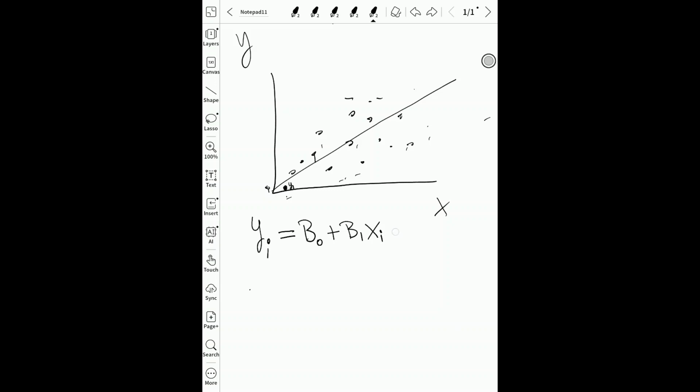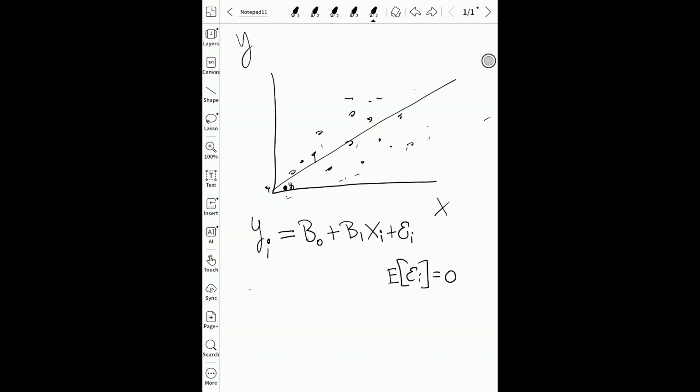And there's going to be some error term, and we'll define this error to have an expected value of 0.